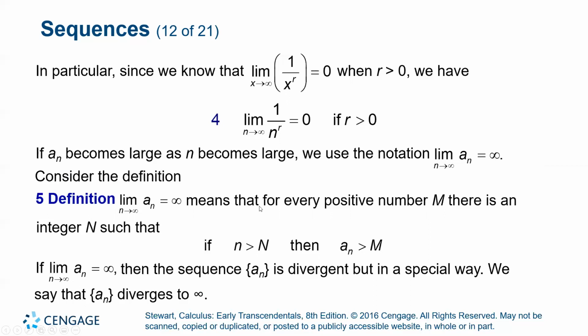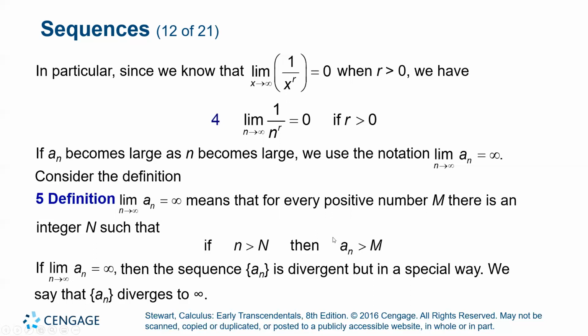What does that mean? Same exact definition from when we first defined infinite limits several weeks ago. So the limit of a sub n is infinity means for every positive value M, there is an integer capital N such that you can find one of the sequence values that meets that value.